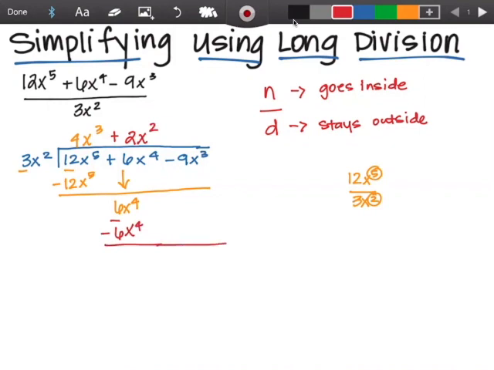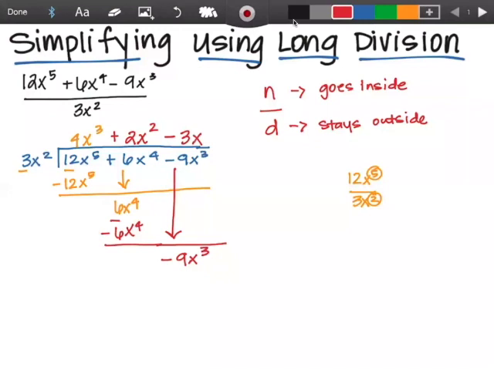And we're going to keep going and bring down our negative 9x cubed. Okay. So that means I am going to put a negative sign up here. All right. So 3 goes into 9 3 times. X squared goes into x cubed 1 time, right?